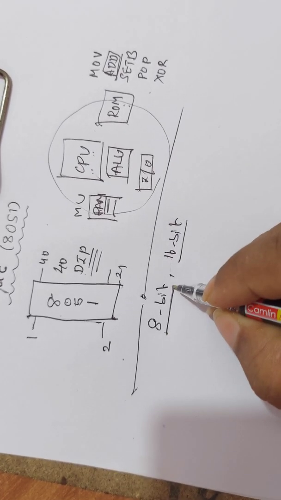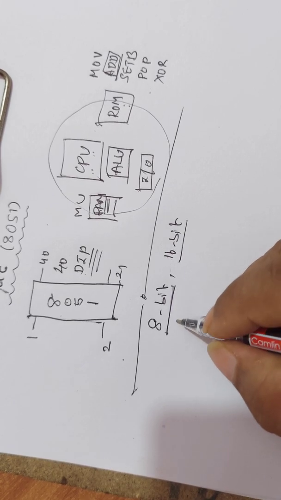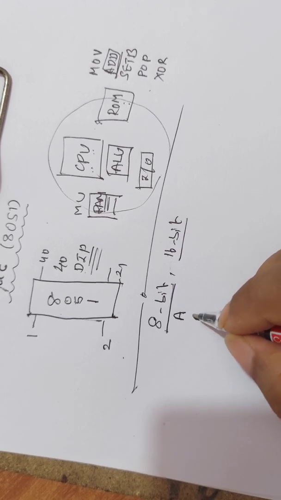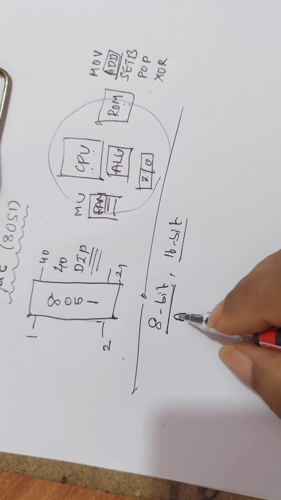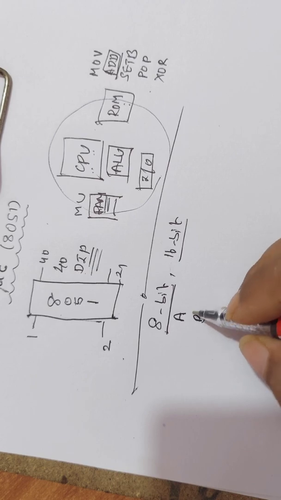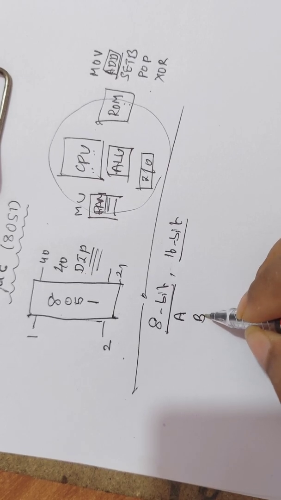Among these 8-bit registers, the register names are A, the accumulator, and register B. A and B are used only for mathematical operations such as addition, subtraction, multiplication, etc. Therefore, such registers A and B are also called mathematical registers.